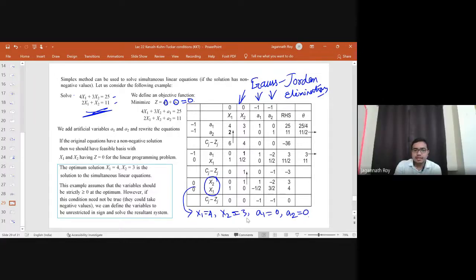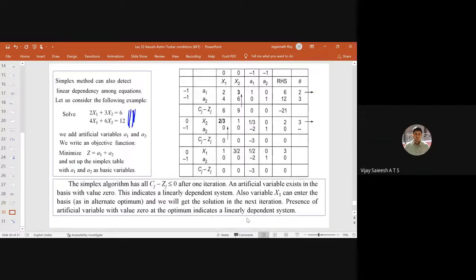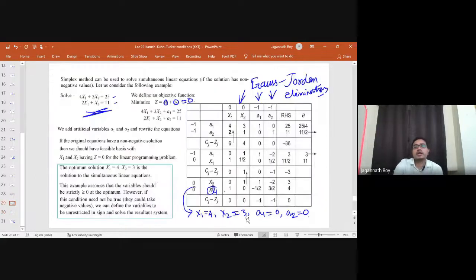If at least one of them is there, for example a1 is there, then, as we have seen in the next case, this is a dependent system and we cannot solve it. If the system is solvable, that means both the equations are independent. If independent equations are there, then this will definitely happen.